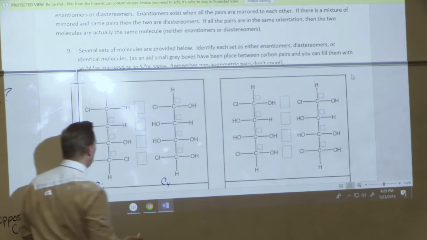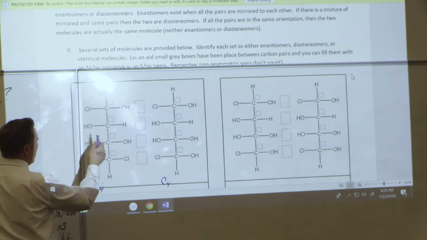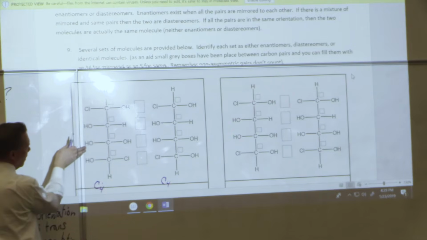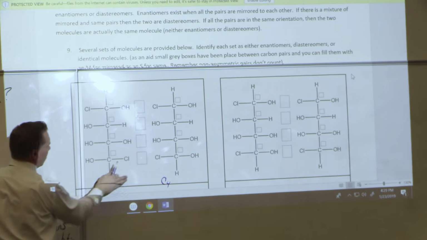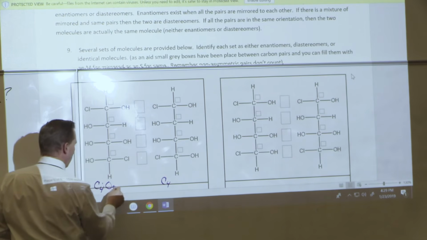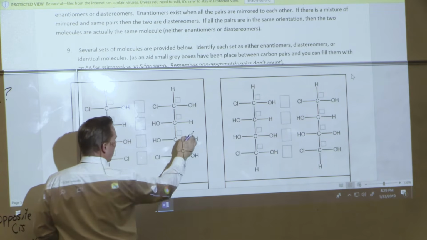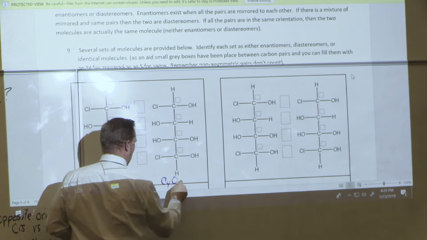Looking good. I come down to the outside. I have, let's go with oxygens next. So I have 1, 2, 3, 4, 5 oxygens. O5. 1, 2, 3, 4, 5 oxygens on that side.